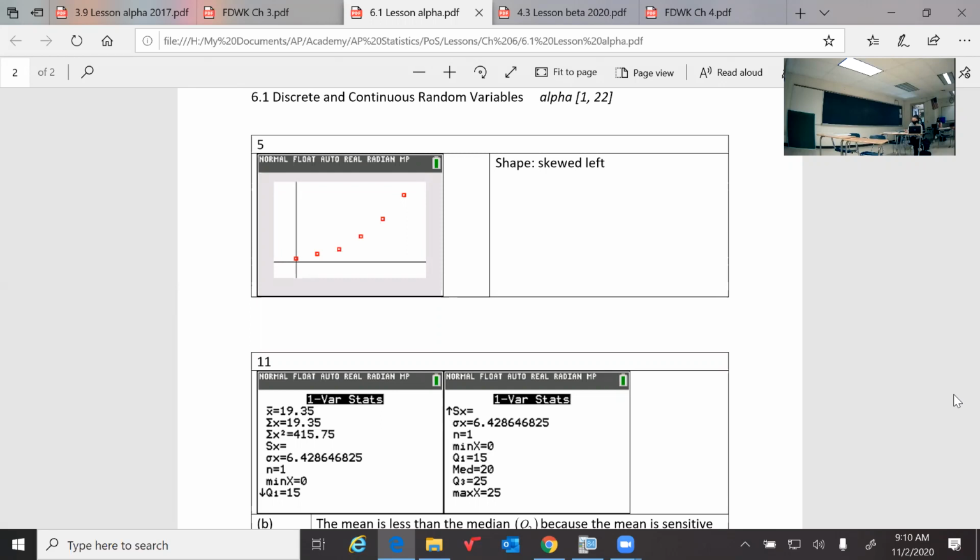That make sense? That's what your picture should look like. That's a histogram. So they ask you to describe this. Well, the data is primarily to the right, and for the shape, the skewness refers to the tail. So it's skewed left, because the data is primarily to the right, the tail's to the left, and skewness describes the direction of the tail.